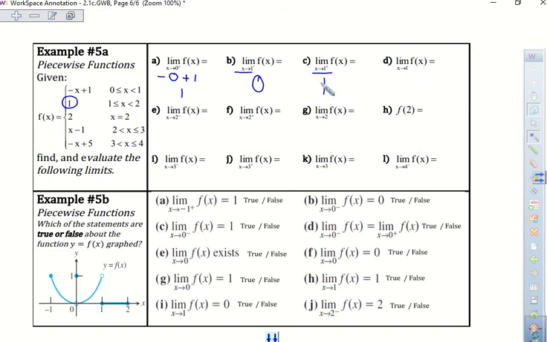So did the left and right hand limits match here? No, so does the limit exist? Alright, so for the next one, I have approaching from the left side, which is at 1, right? Because of this interval.